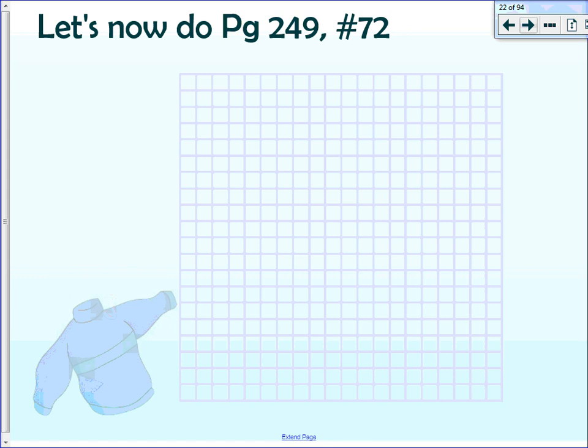Okay, so let's look at page 249, number 72. Do you even know what it says?